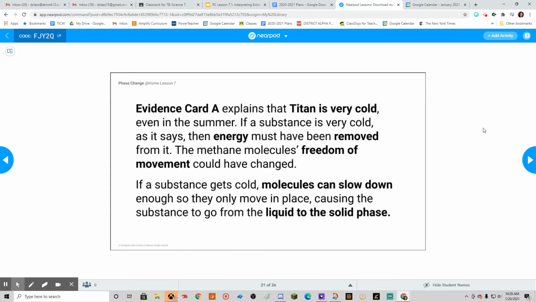If a substance is very cold, then energy must have been removed from it. The methane molecule's freedom of movement could have changed. If a substance gets cold, molecules can slow down enough so that they only move in place, causing the substance to go from liquid to the solid phase.